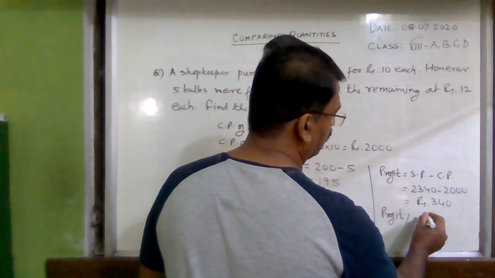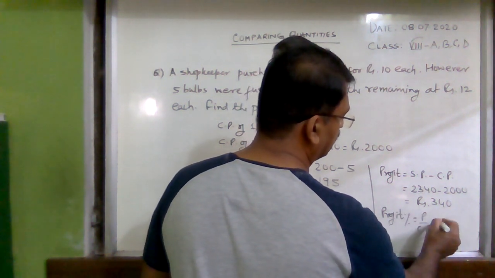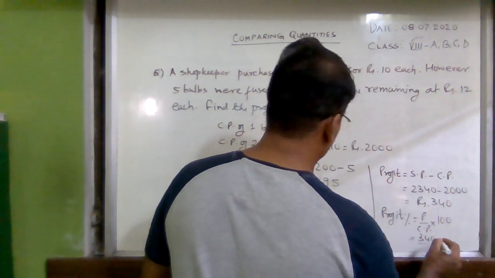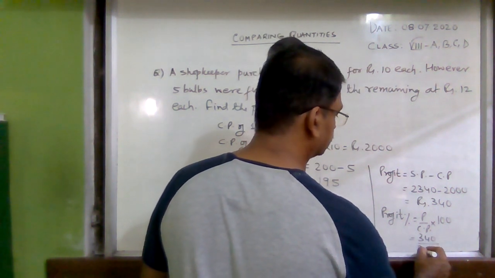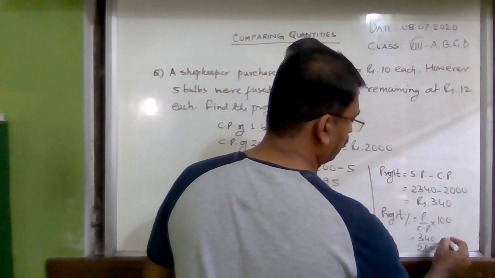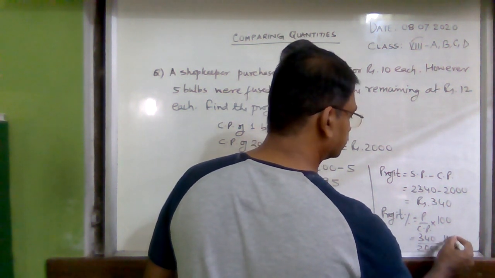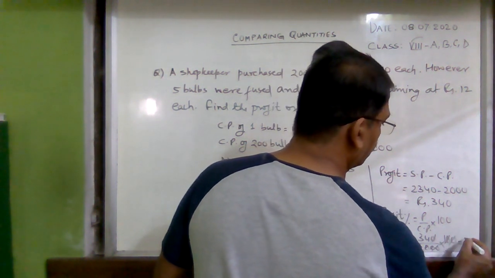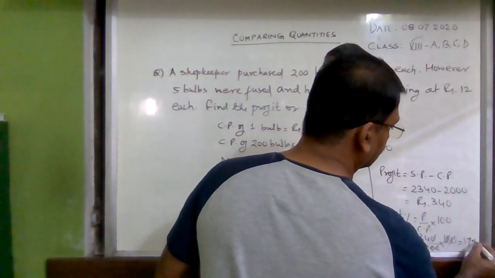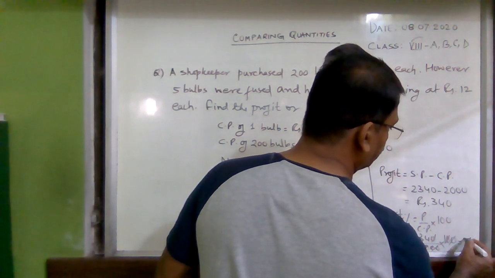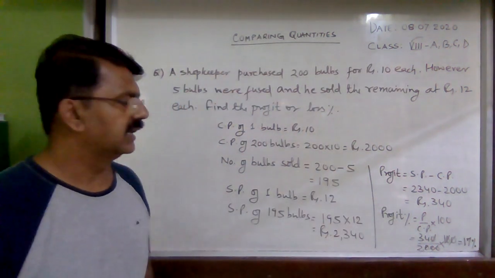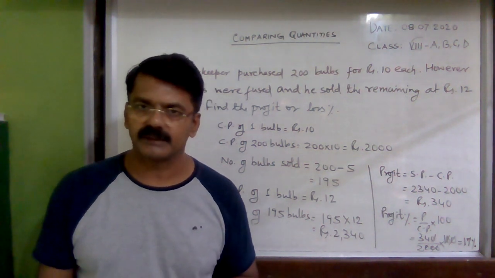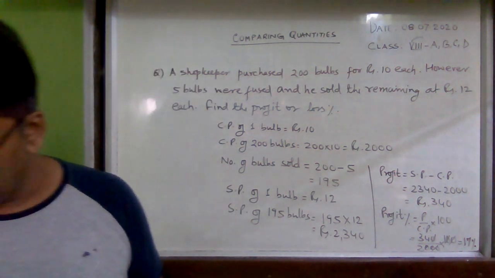The formula is profit upon CP into 100, means 340 upon 2000 into 100, 17%. 34 upon 2 is 17%. So you can see there is a profit of 17%. That shopkeeper is making a profit of 17%. Clear? Now we do the next question.